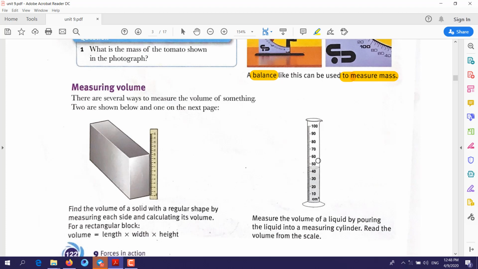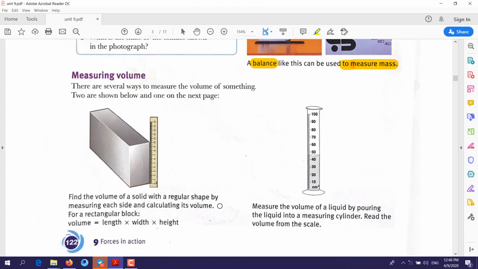If an object has a regular shape, what do we mean by regular shape? Look at this shape. This is a regular shape. Why? Because it has length, width, and height.